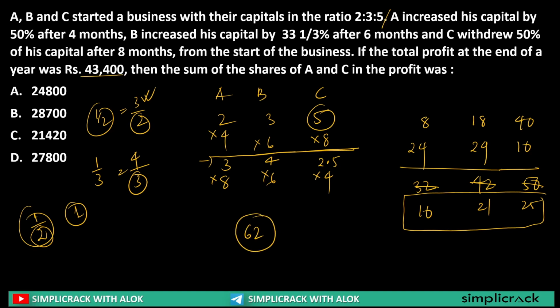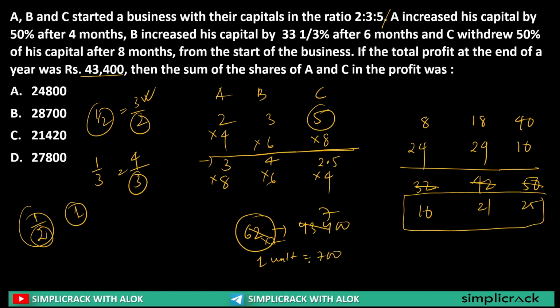So what is the profit? That is 4340. So 62 is equal to 4340. So 1 unit will be how much? If I multiply 7 over here, it will be like this. Okay, so this is 7. So 1 unit is equal to what? 700. Right.